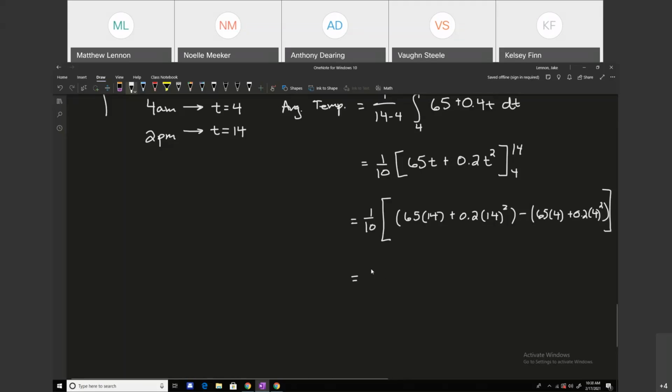Here, I'll do it piecemeal. So 65 times 14 plus 0.2 times 14 squared. So we get 949.2 minus 263.2.